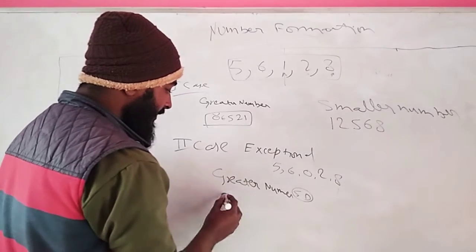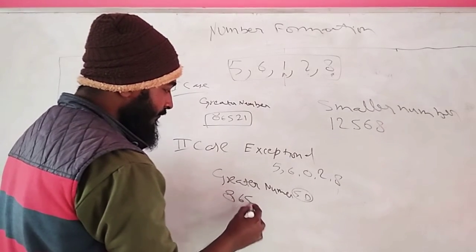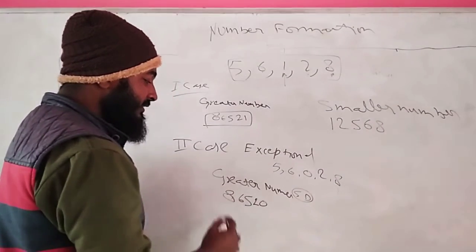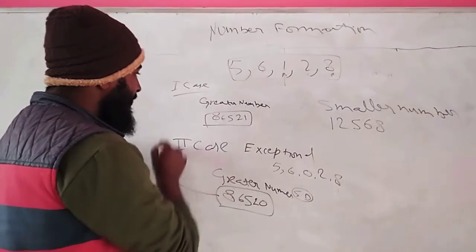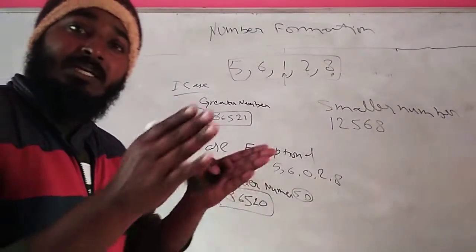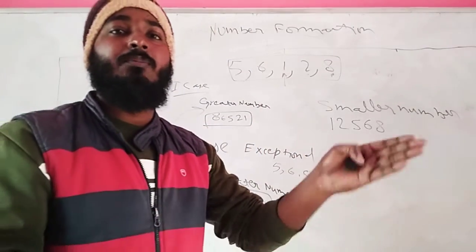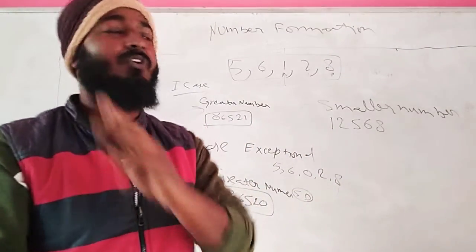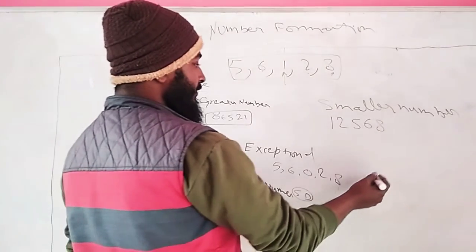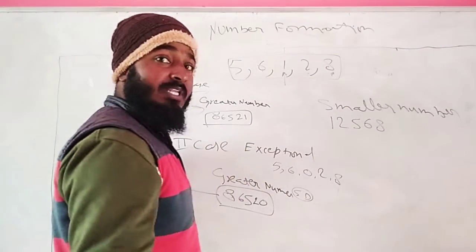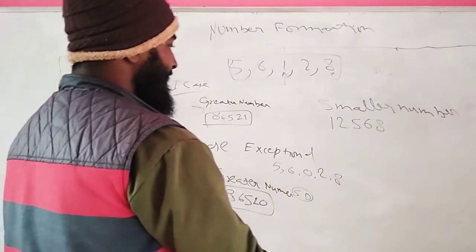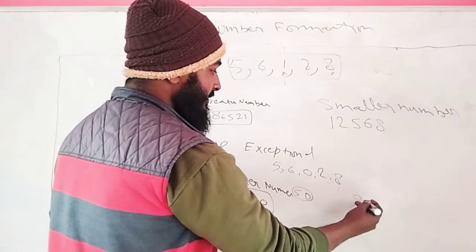So 8, 6, 5, 2, 0. This is the greatest possible number. Greater comes first, greater the number, so put the greatest first. Now for the smallest number. The smallest number will be like this.